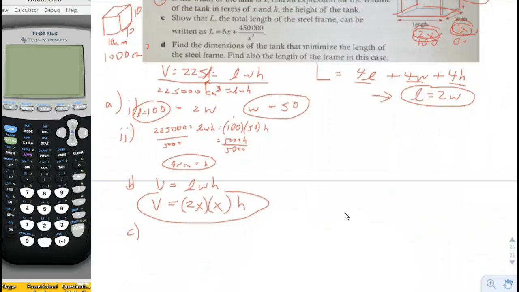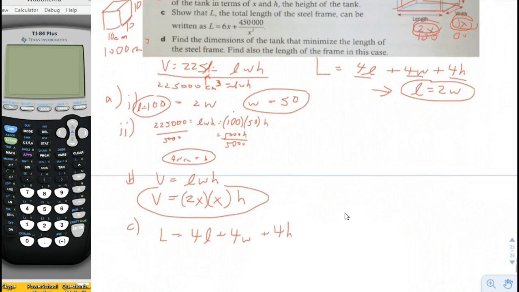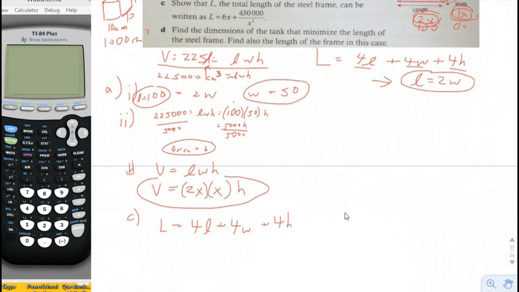Okay, so we know that we're going to write L equals 4L plus 4W plus 4H. We do know that L is equal to 2x, so it's 4 times 2x.